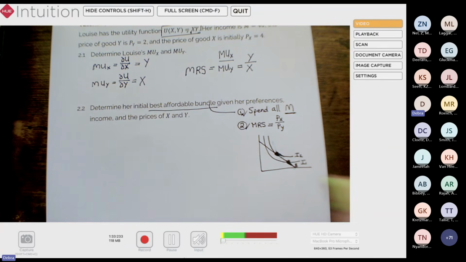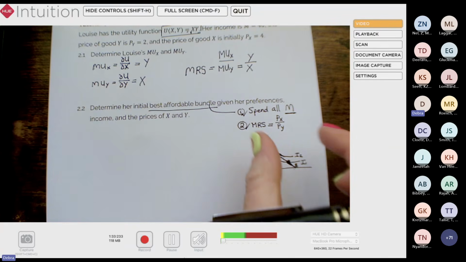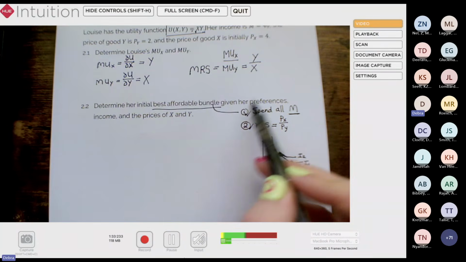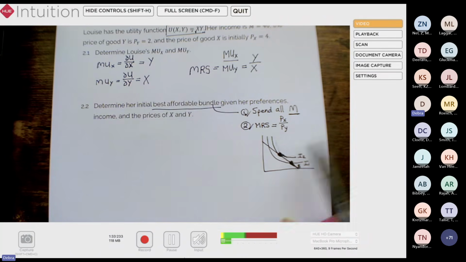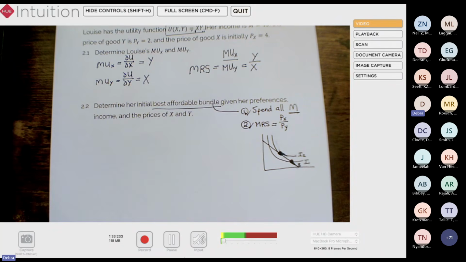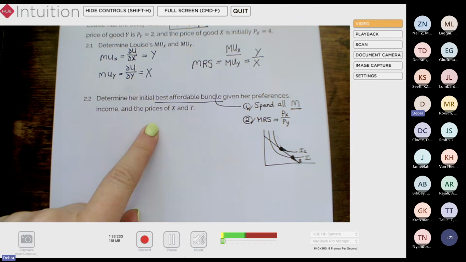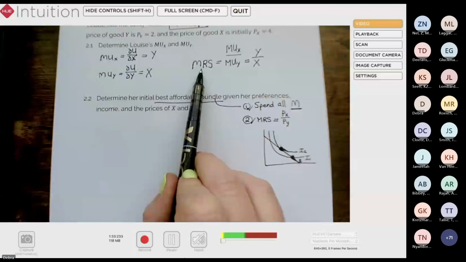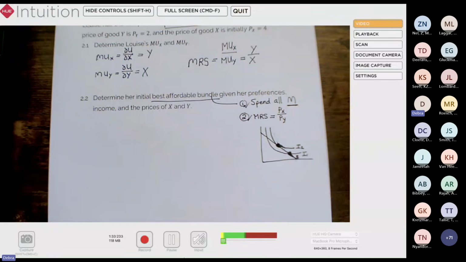I'm explaining this because knowing these are the two things that need to be true at a best affordable bundle tells you how to solve any question asking you what the best affordable bundle is, given income, prices, and now we have the MRS from the first part. So for her best affordable bundle, I'm going to start with condition 2.